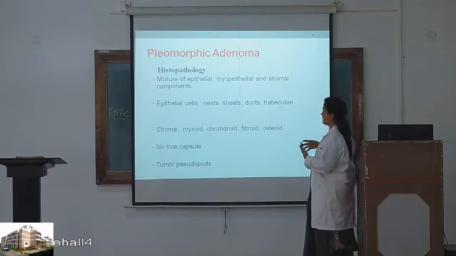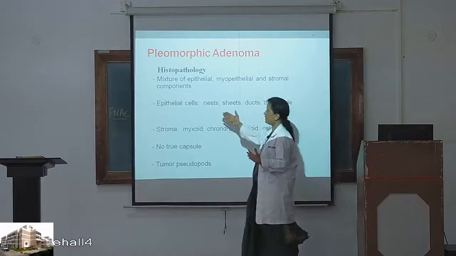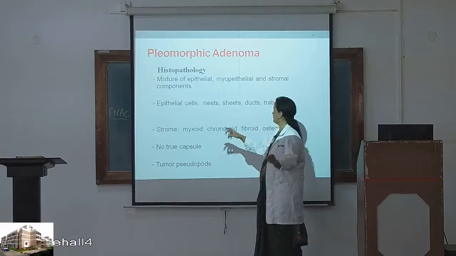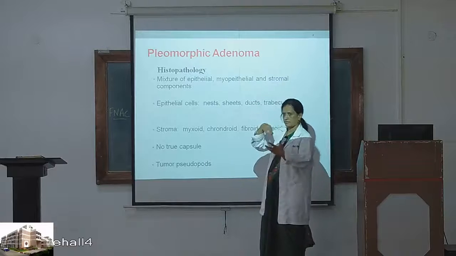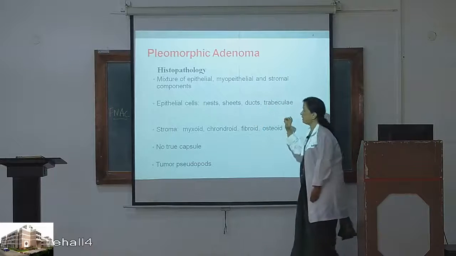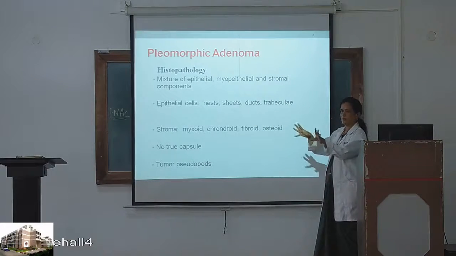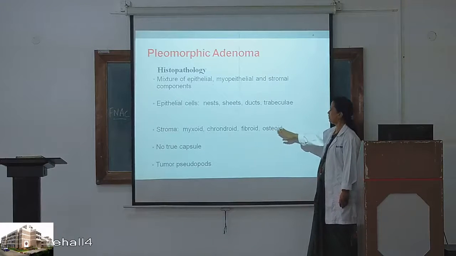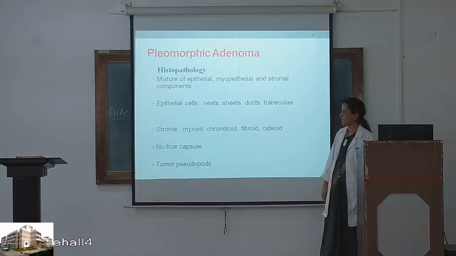Here you can see them arranged in the form of nests. I'll tell you what is a nest. Sheets, ducts, what you saw, ducts. Then trabeculae. Then stroma shows myxoid, chondroid, fibroid and osteoid differentiation.